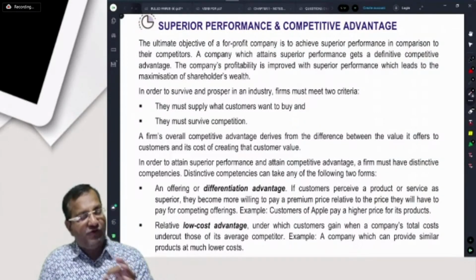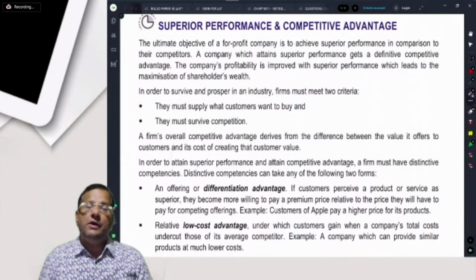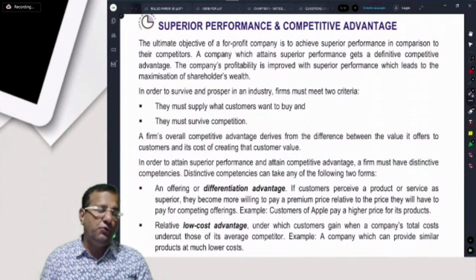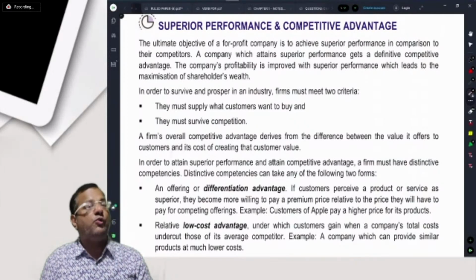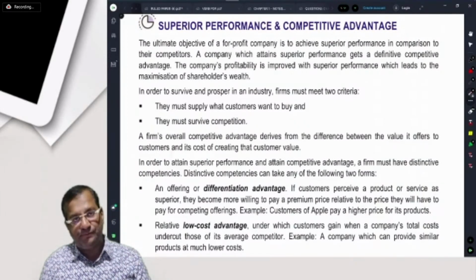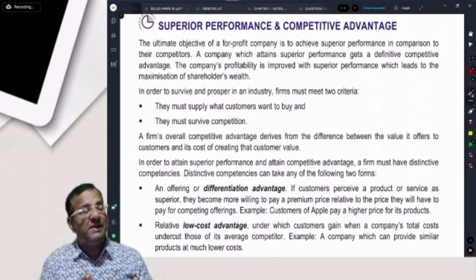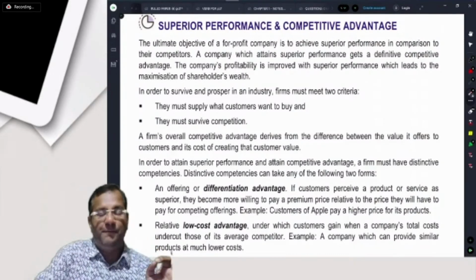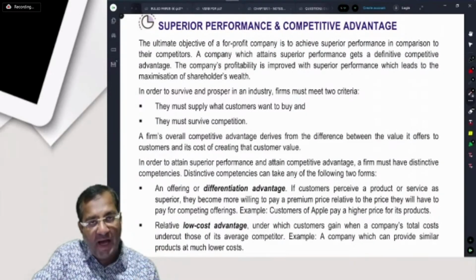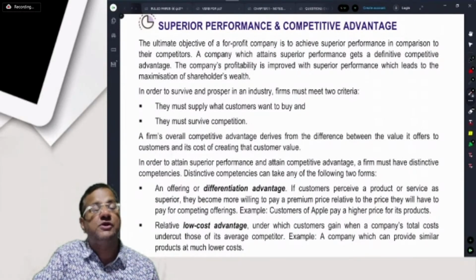The very first point, what do you do to survive in a competition? If I want to survive in a competition, what are the basic ingredients that I should follow? First of all, I should supply that product which the customer wants.